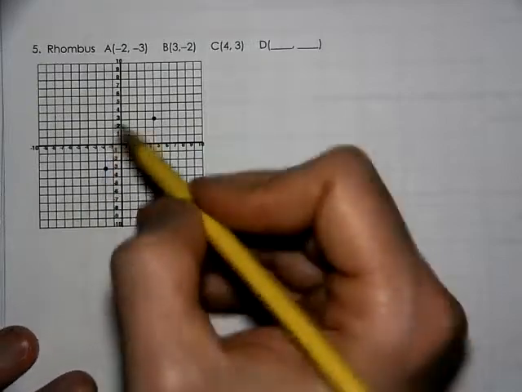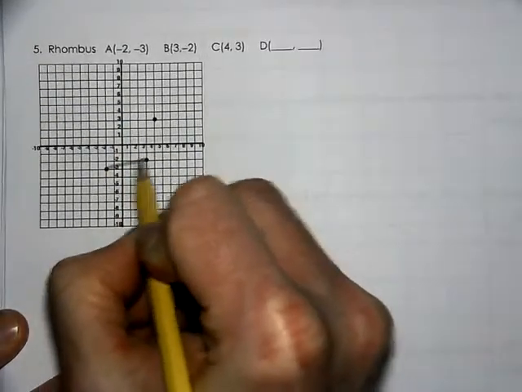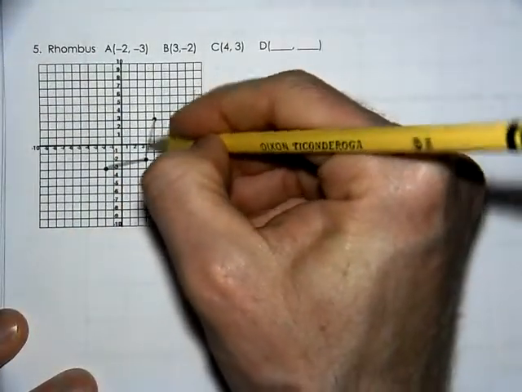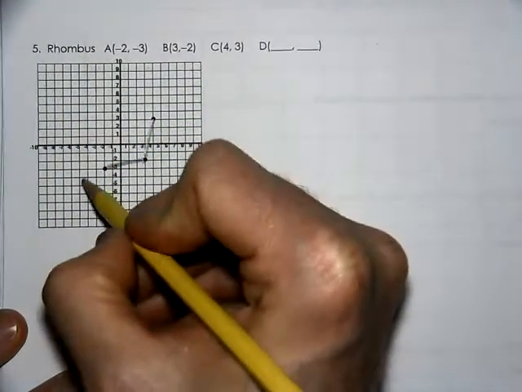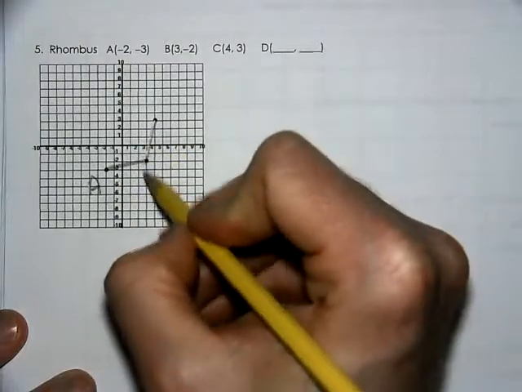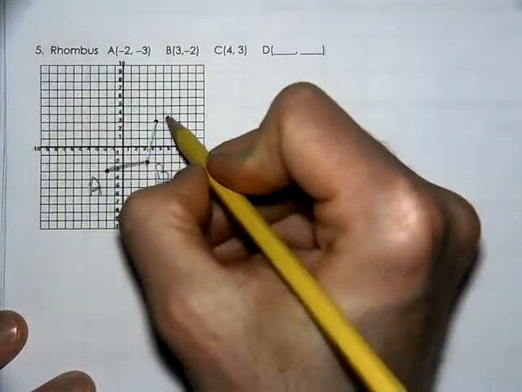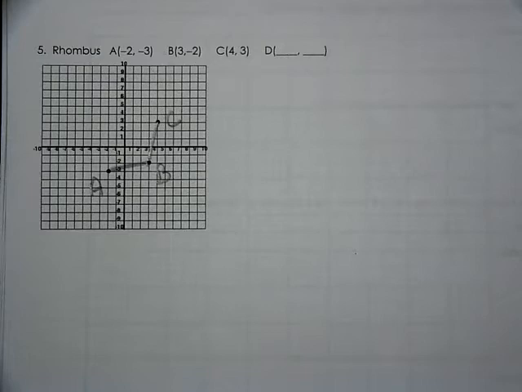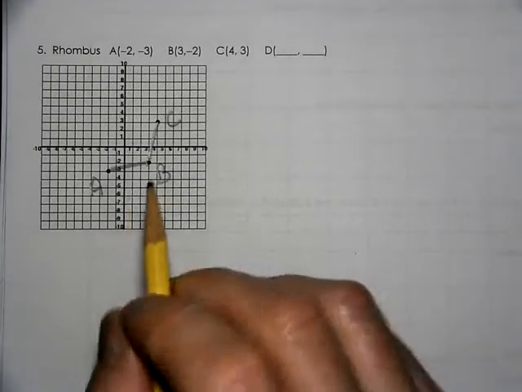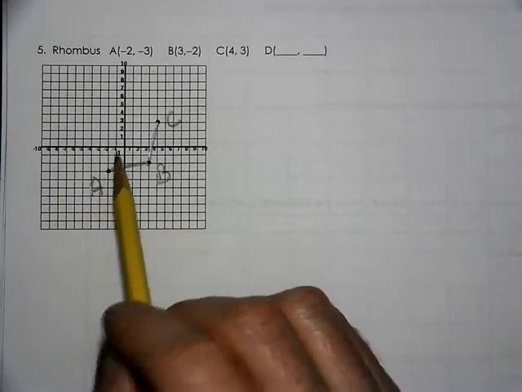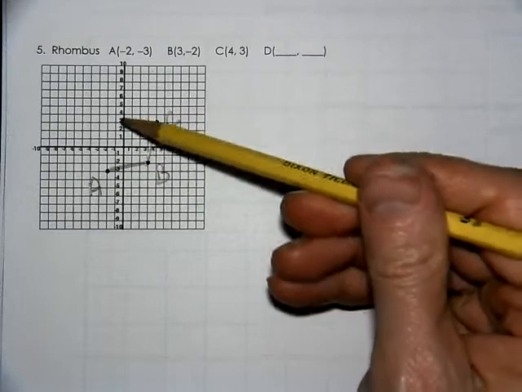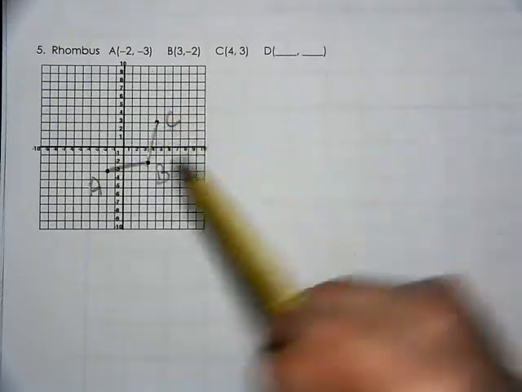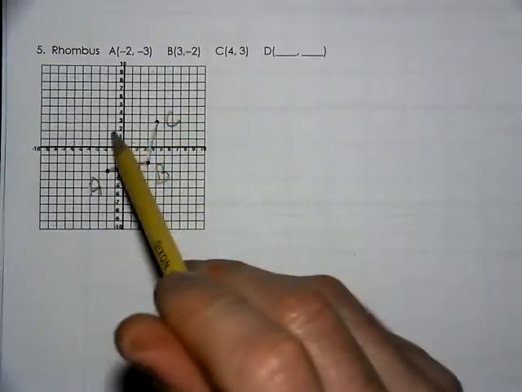Looking for a rhombus. We have our two sides that are given to us. Point A, B, and C. Looking for point D. Well, I could look at it as opposite sides being parallel, or opposite sides being parallel.